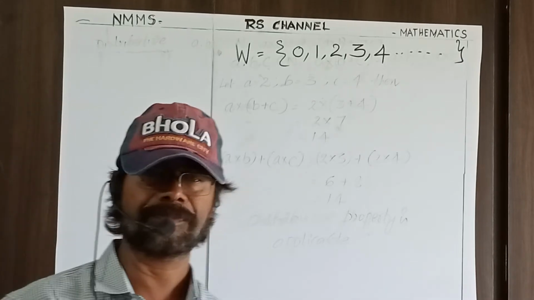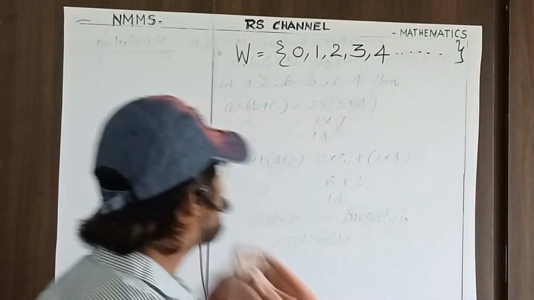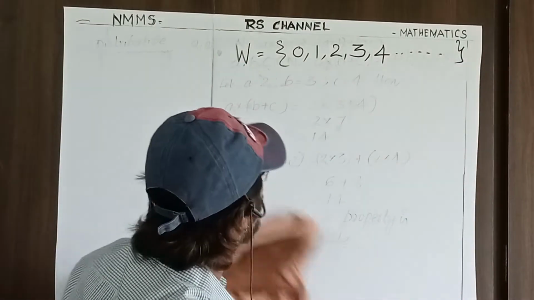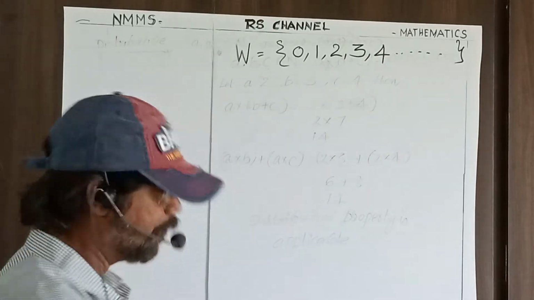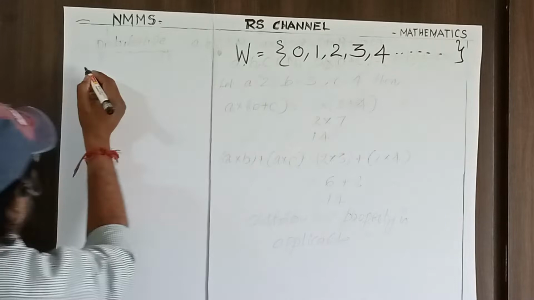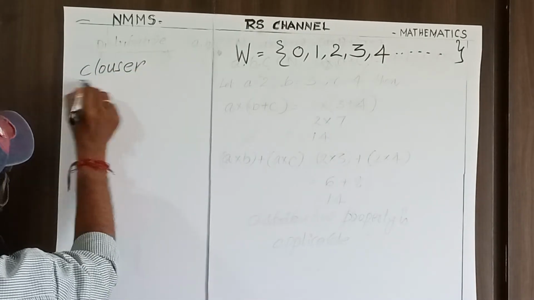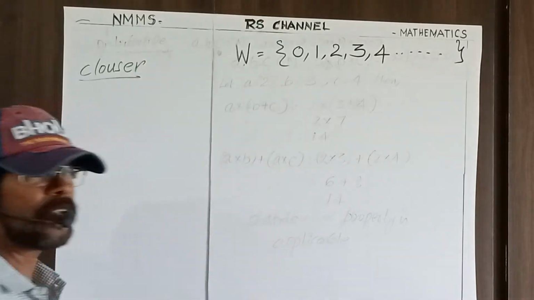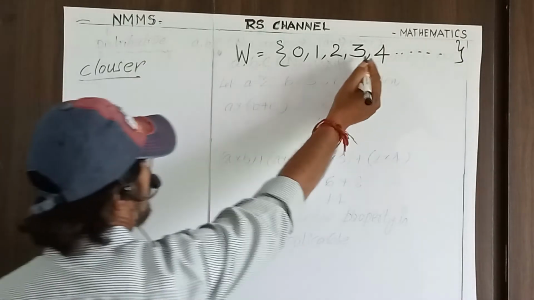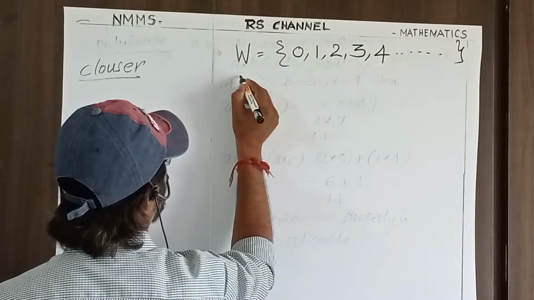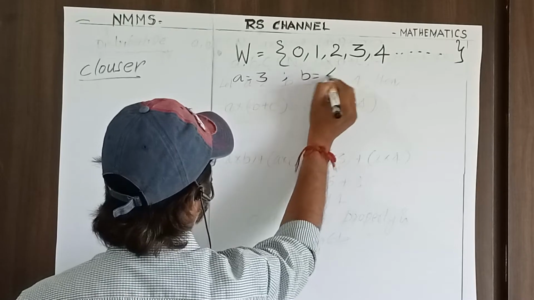Okay, understand? Now I am going to observe for which property? First, closure property. And I am taking two numbers from the set of whole numbers. Suppose I am taking 3 and 4. A is equal to 3 and B is equal to 4.